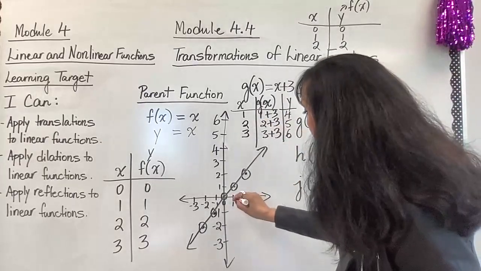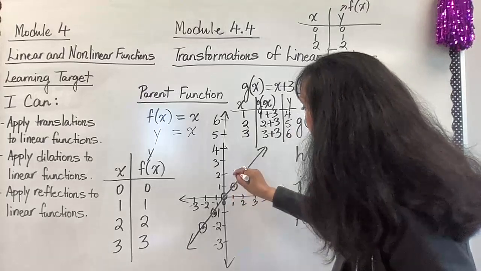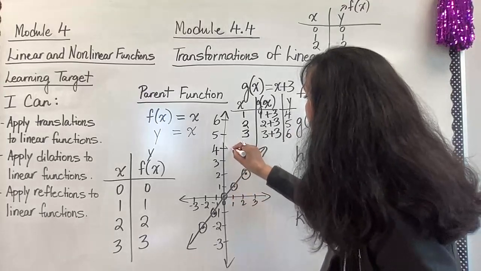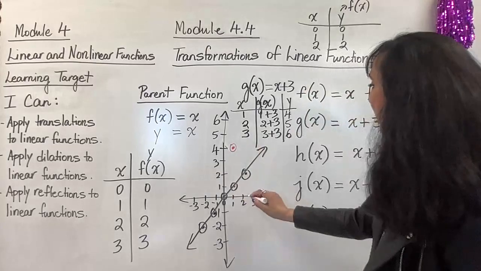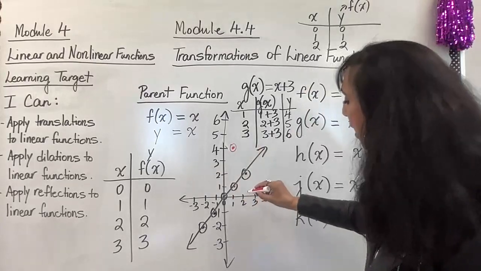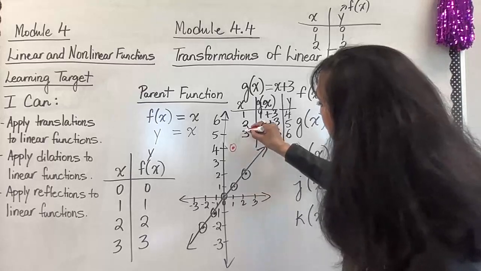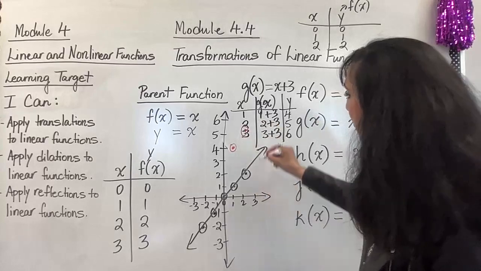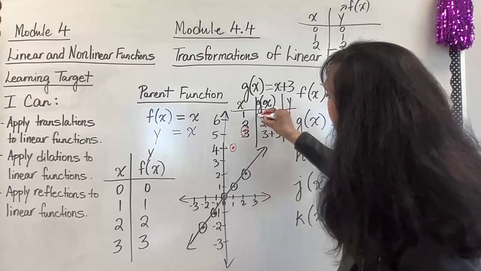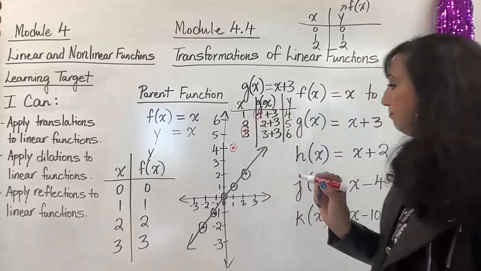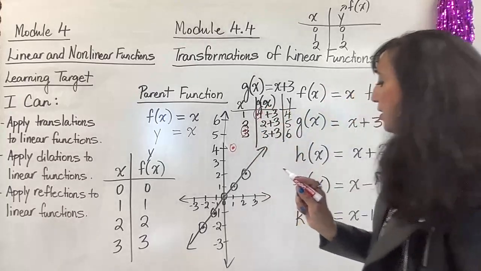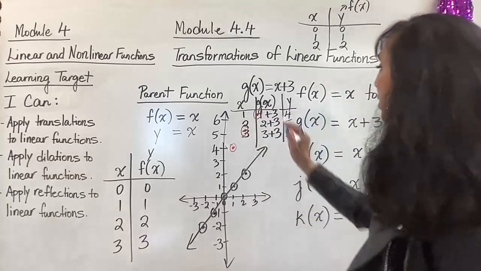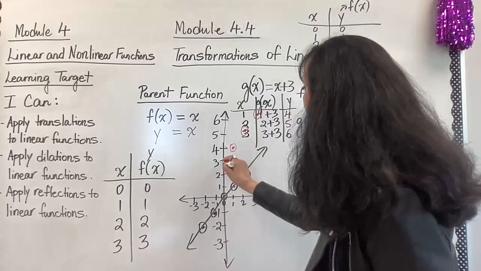So when x is 1, y is 1, 2, 3, 4, here. Okay, when x is 2, y is 5. So from 2, this has gone to 5. When x is 3, y is 6. So let's look at this now. Okay, and so when x is 0, y is going to be 3.